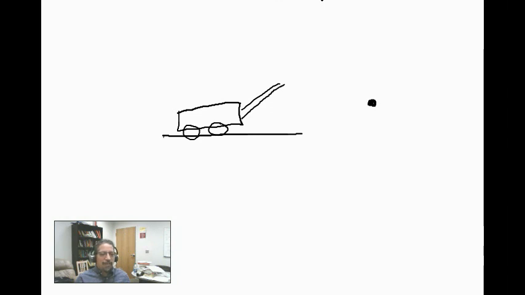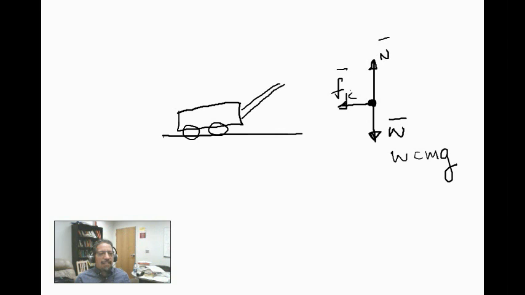But we identify that we always have some weight, W. The magnitude of that weight is going to be mg. The normal force, because it's in contact with the surface there. Since we are moving to the right, we probably are going to have some force of friction or drag. And finally, we see a tension there, so maybe a cable that is pulling us up.